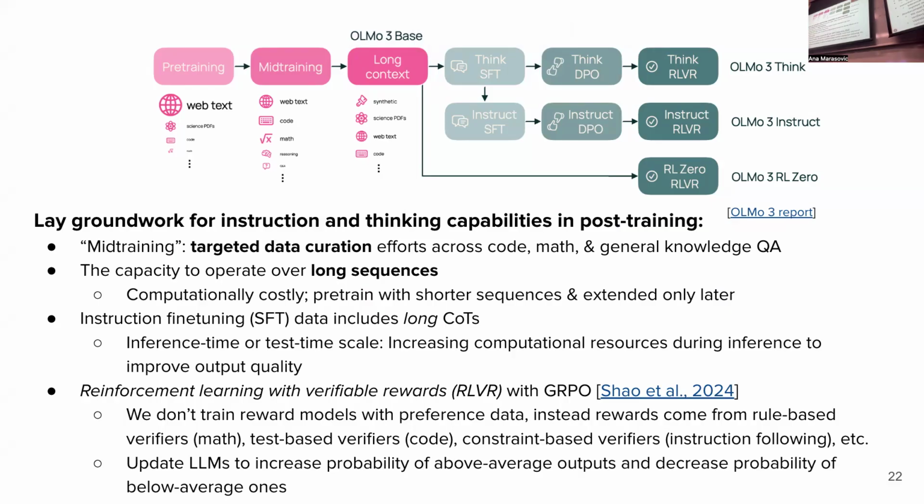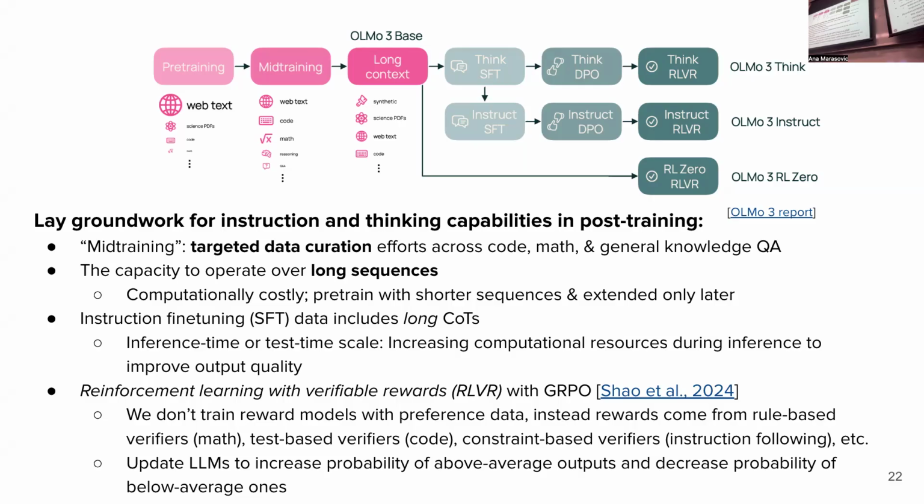We have this thing that's now super important, inference or test time scaling: the idea that if you give more computational resources, think of them as the number of decoding steps, the more decoding steps you allow a model during inference, the more you improve its quality on reasoning tasks. And then comes the final stage, which is reinforcement learning with verifiable rewards.